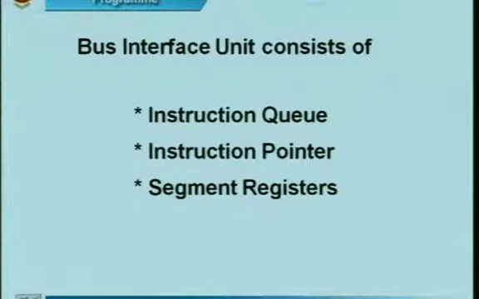One is the instruction queue, second is the instruction pointer, and we have the segment register. We will discuss each one of them as we go further. For the time being, I am just mentioning what you have in the bus interface unit: instruction queue, instruction pointer, segment register.